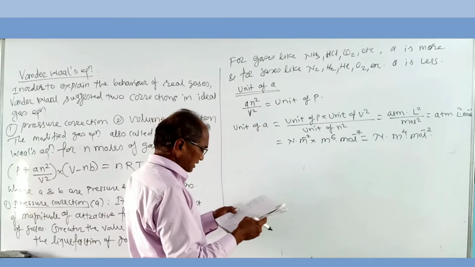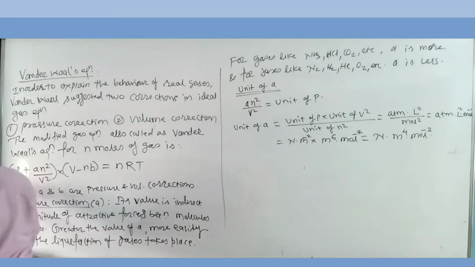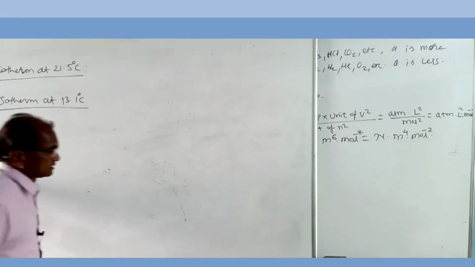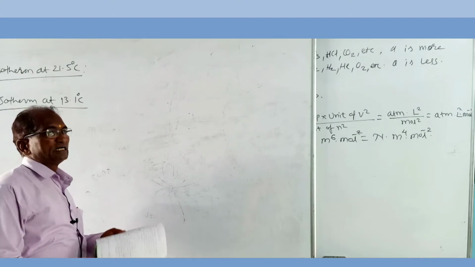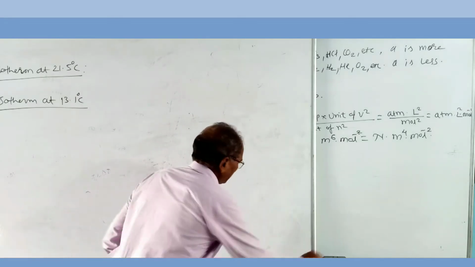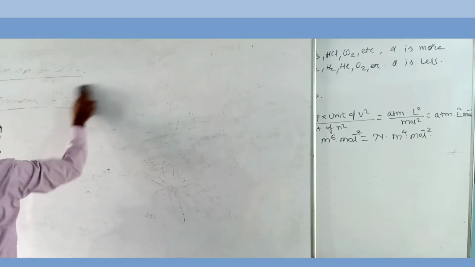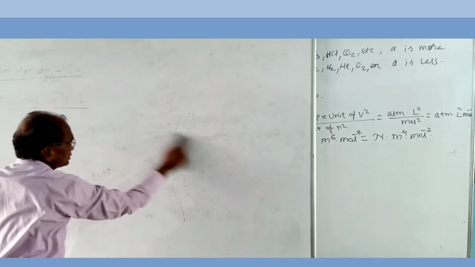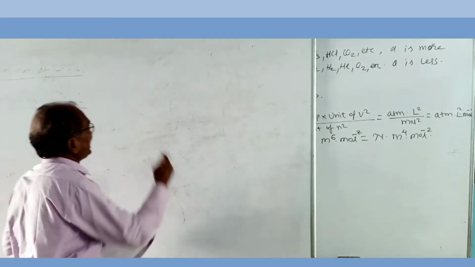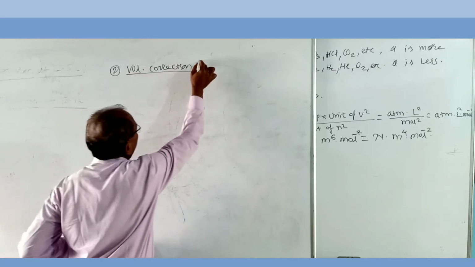Similarly, volume correction is due to the non-negligible volume of a gas molecule. The second correction is the volume correction, that is b.